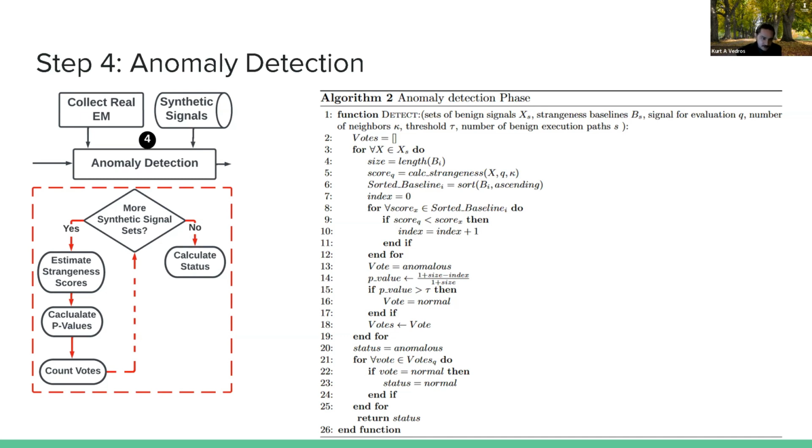This threshold value determines the verdict by seeing if the p-value is below the threshold, which in other words is within the normal distribution of the baseline, and then the electromagnetic signal status would be given as normal as it falls within that baseline. If the p-value is above the threshold for all the baselines, then the newly captured electromagnetic signal status is given as anomalous.